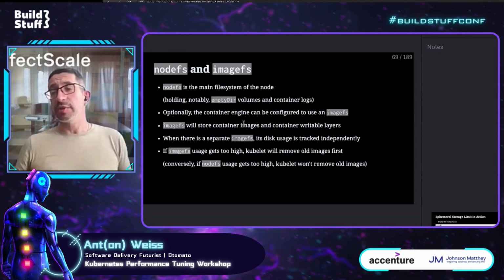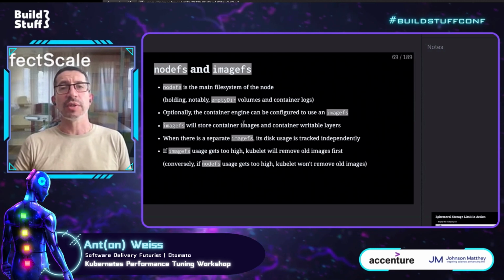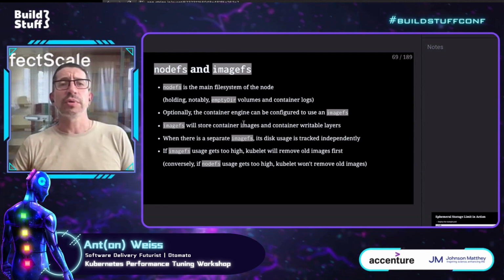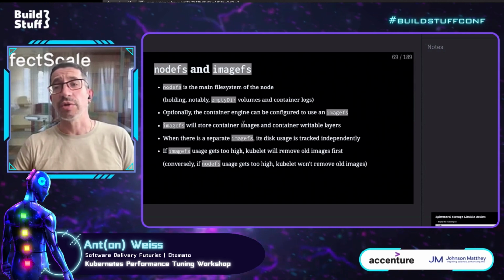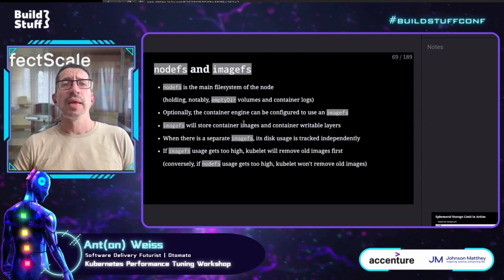Now, it's also possible to separate the nodefs and imagefs treatment for the kubelet, and that's in the kubelet initialization config. Nodefs is the main file system of the node. For example, emptyDir volumes and container logs are in that part of the file system.